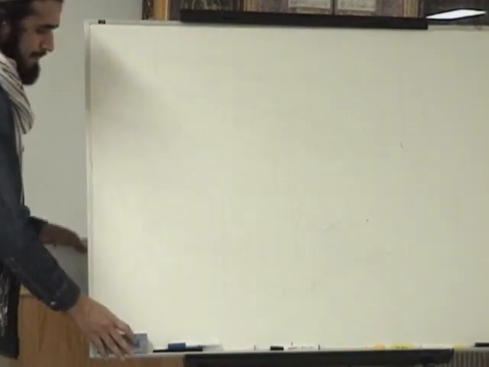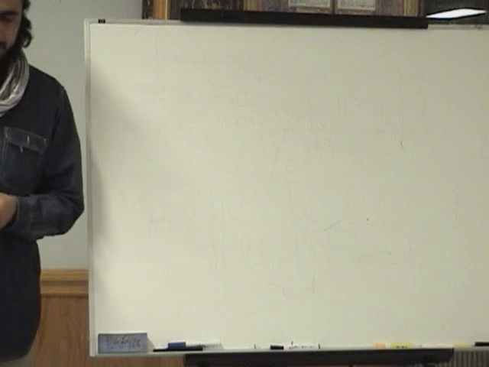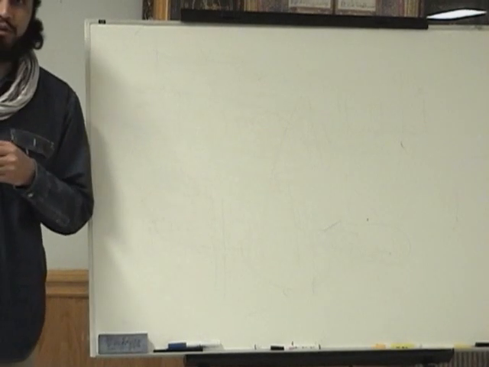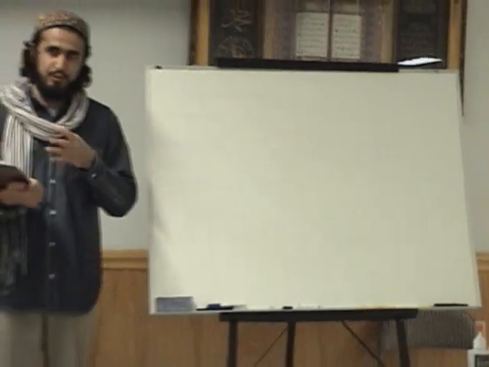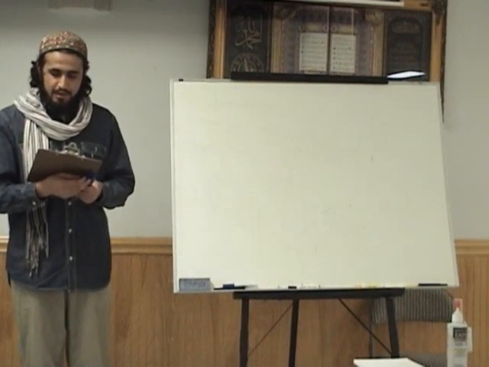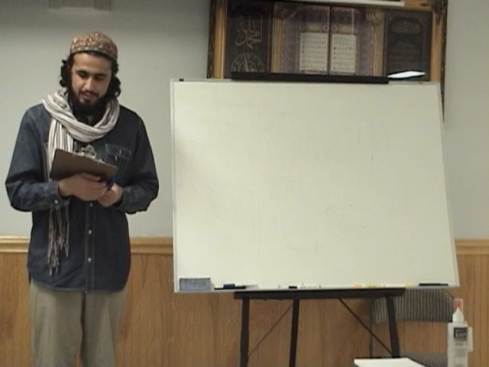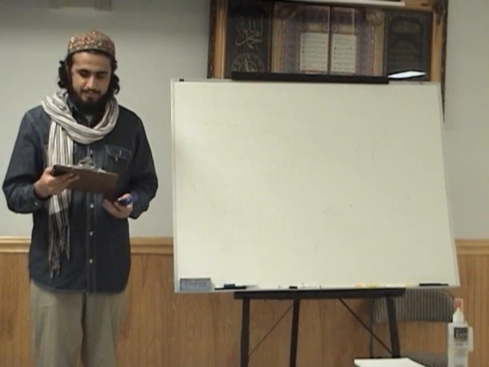It's analogous to, for example, saying that a human being can be male or female. Another category of human beings can be child or adult. You can have different classifications. So the same thing applies to ism and fi'l here.